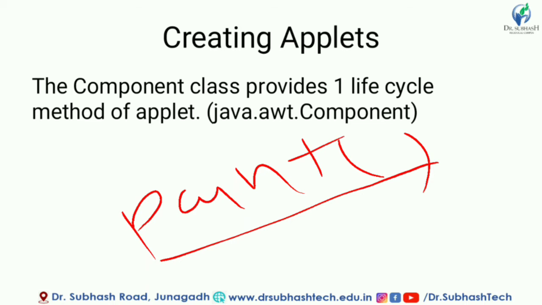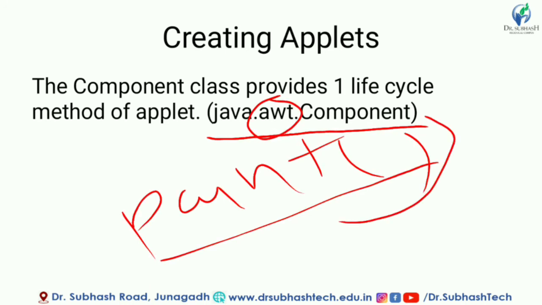The paint method is available in the Component class, and this class is available in the package java. Inside the package java there is the AWT package, and the Component class is available in this AWT package, and we will use this class for the paint method, right?